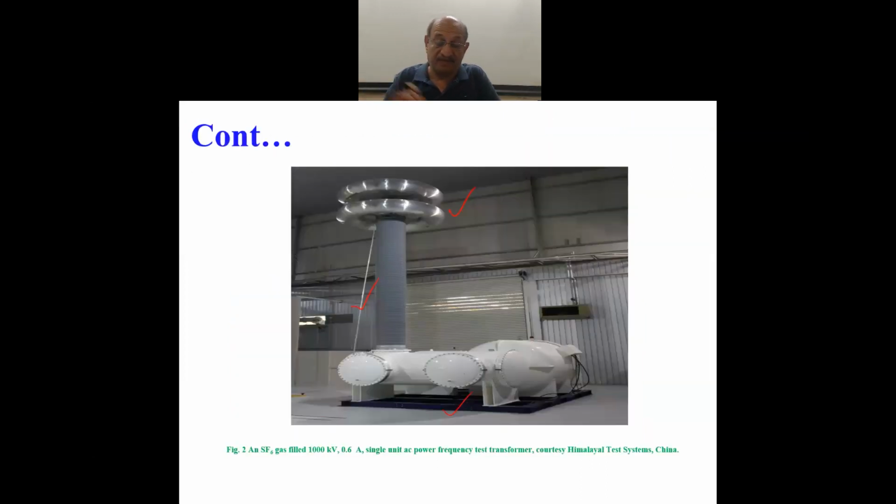Unlike in this case, where compressed SF6 gas at a pressure between 3 to 4 atmospheres is maintained, and that provides a more reliable insulation, hence a compact size of the test transformer.